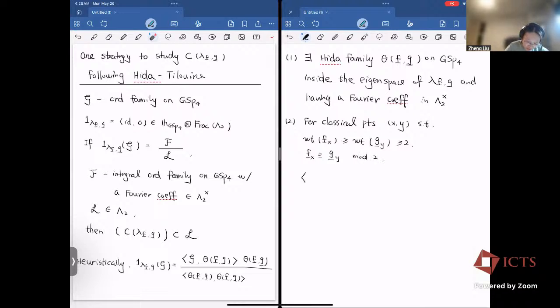Then I have this family evaluated at (x, y), which is given by the Rankin-Selberg L-function valued at 1.